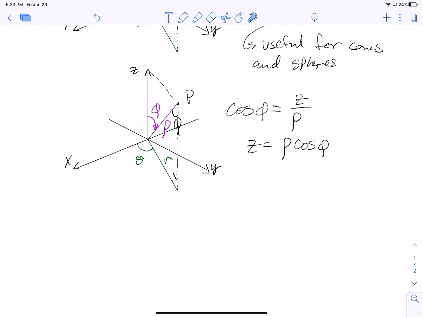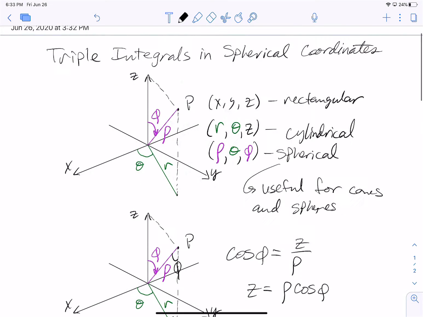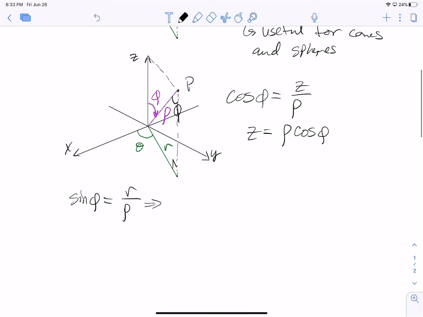In the same way, because the segment labeled r is opposite that phi in that triangle, we can say that the sine of phi is equal to r divided by rho, which means that r is equal to rho times the sine of phi. That's useful because x is equal to r times the cosine of theta, and y is equal to r times the sine of theta.